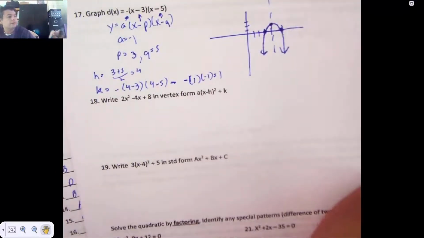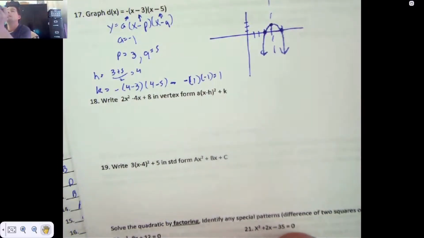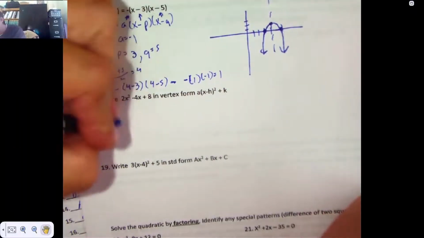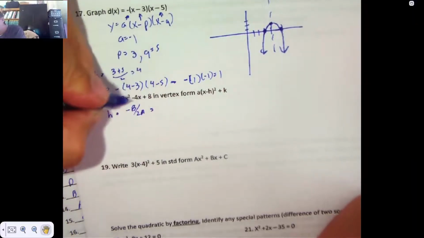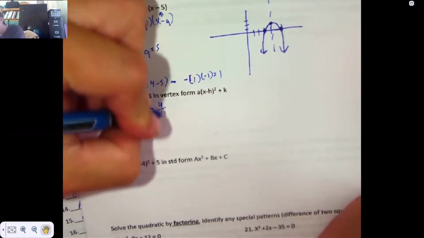Write this in vertex form. I'm going to start by finding h. H is found with opposite b over twice a, which is 4 over 2 times 2, which is 1.